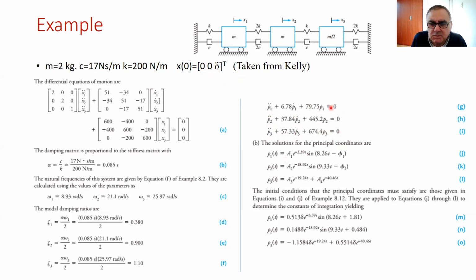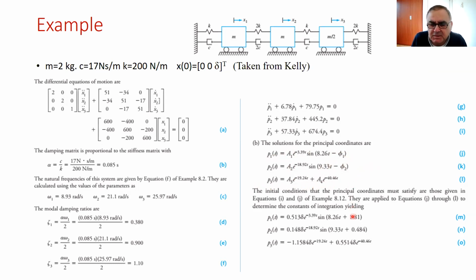The solutions of these equations in the principal or the modal coordinates is as follows. You can find them rather easily. Here you have A1, A2, A3, phi1, phi2, and A4. You have 6 constants to be determined. And P3 is, as you see, 2 exponential decays because this is an overdamped system.